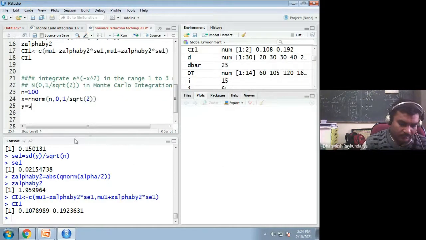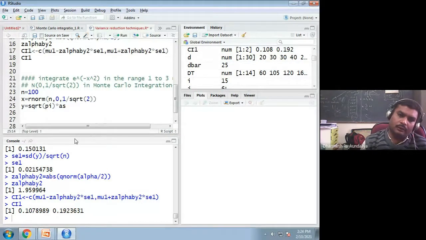So y is nothing but square root of pi into, you have to check. So what is the output here? It is giving the integer value.